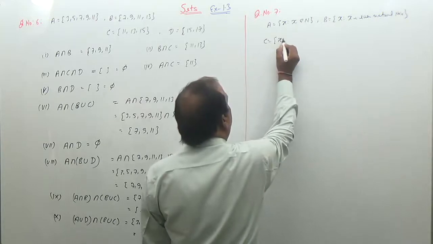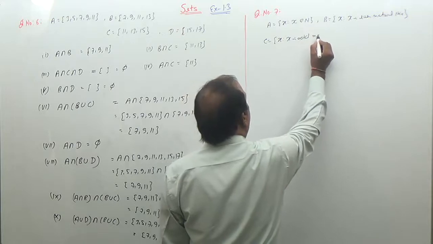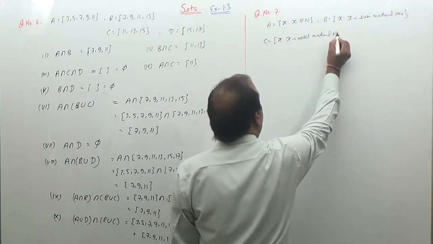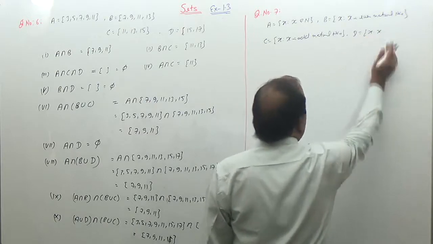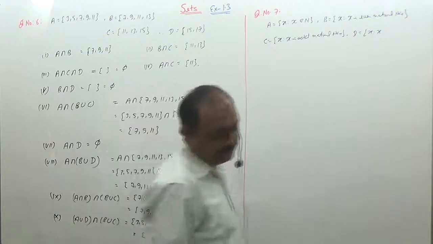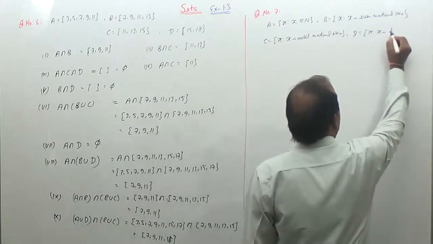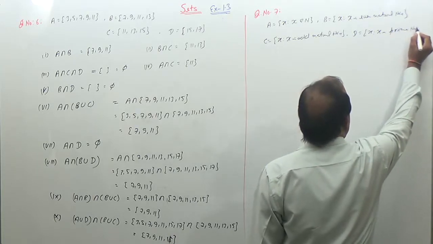And C is the set of elements X such that X is an odd natural number. And D is the set of elements X such that X is a prime number.